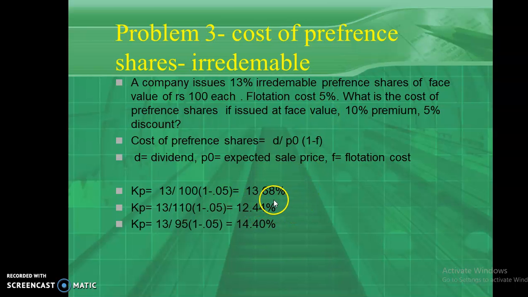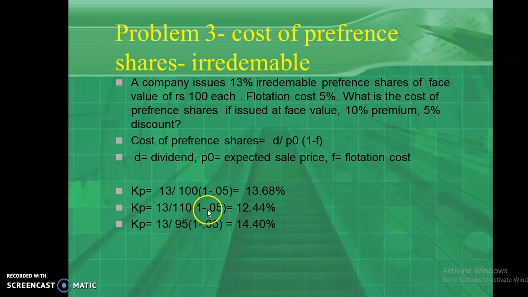So 13.68%. Second question, when the company issued the preference shares at 10% premium, what is the cost? Let's work out. So what is the dividend amount? 100 into 13 by 100, 13 rupees itself. 13 divided by, if it is issued at premium, 100 into 10 by 100, 10 rupees added with this 100.